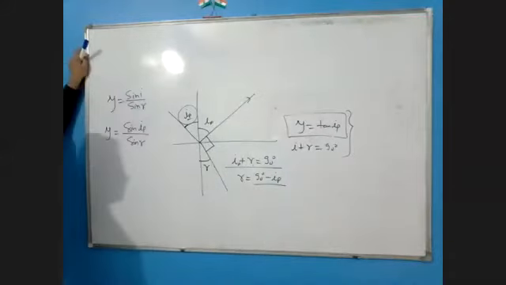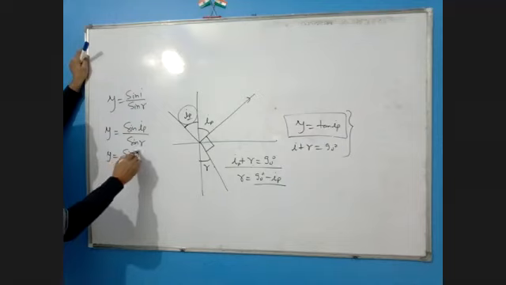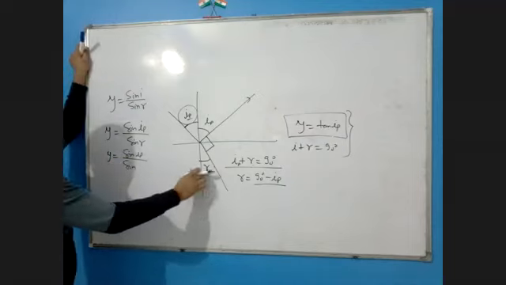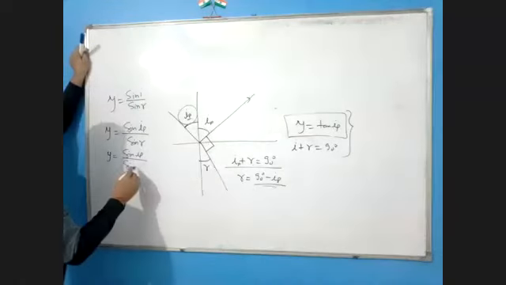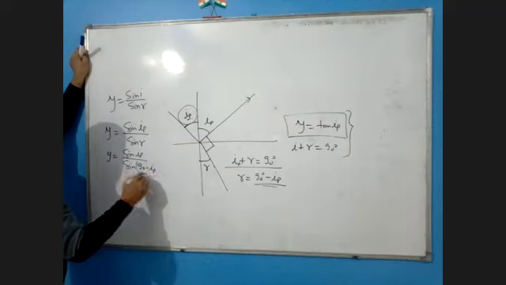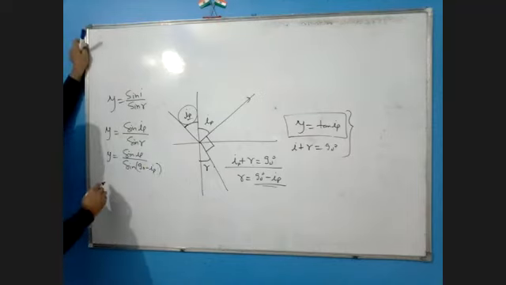So mu equal to sin IP upon sin of 90 minus IP. Sir, sin 90 minus theta is cos theta.